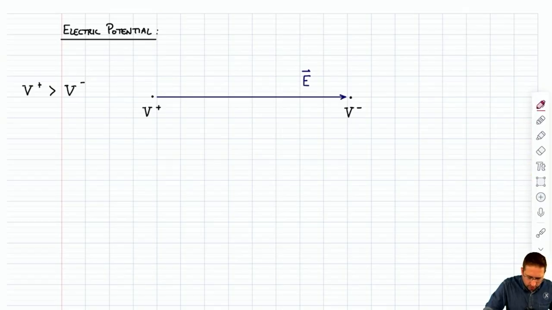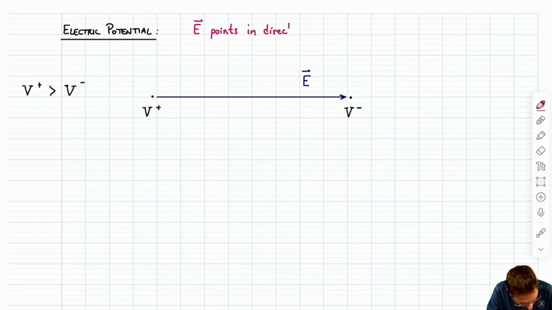And so the right way to state the direction of the electric field is to say that E points from high electric potential toward low electric potential. So E in general points in the direction of low V, or it points from high V to low V, or however you want to say it.